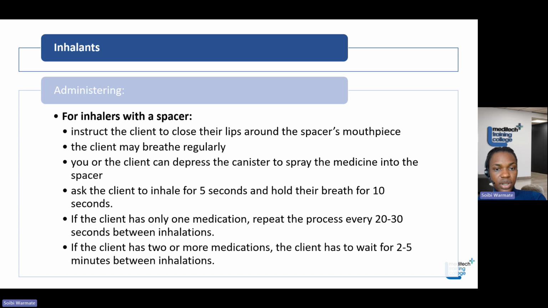All right, when administering the inhaler, instruct the client to close their lips around the spacer mouthpiece. The client may breathe regularly. You or the client can depress the canister to spray the medication into the spacer. Ask the client to inhale for 5 seconds and hold their breath for about 10 seconds.